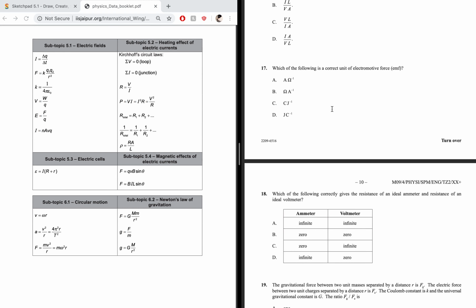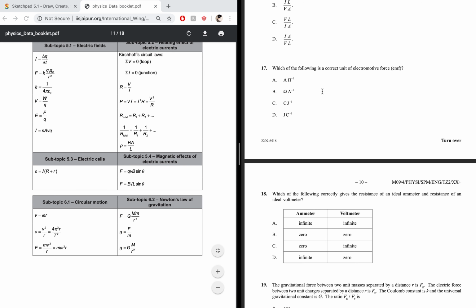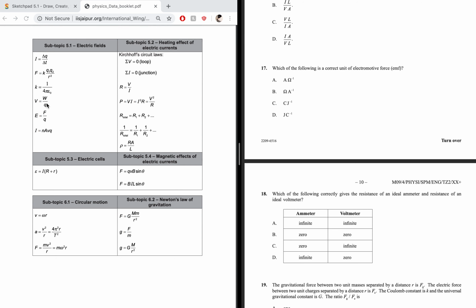So that's our answer. Okay, which of the following is the correct unit for EMF? We know that EMF has the same units as voltage. We're just applying units here. We're looking for volts, but that's not there. So we can use work over charge. We know work is in joules, and Q, the charge, is in coulombs.